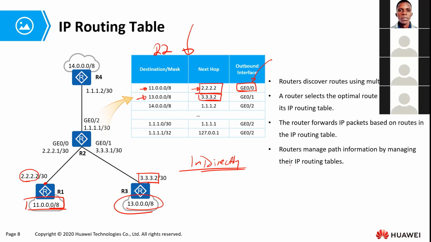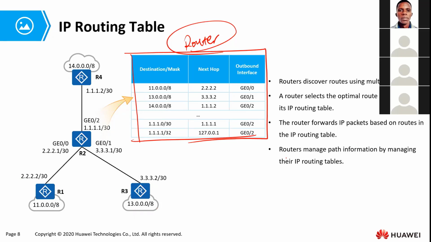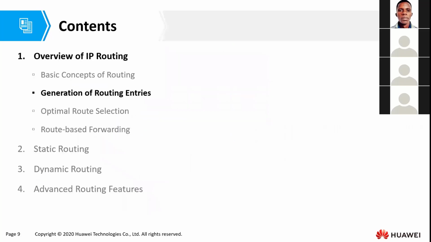Now, routers manage path information by managing this thing here. In fact, this is the tool of a router. This is what it needs to forward packets along the path in the network.